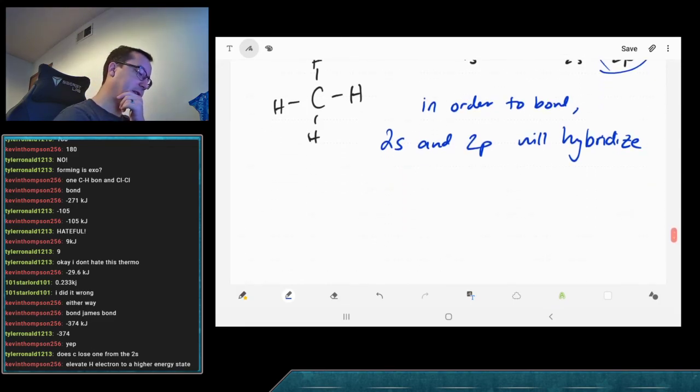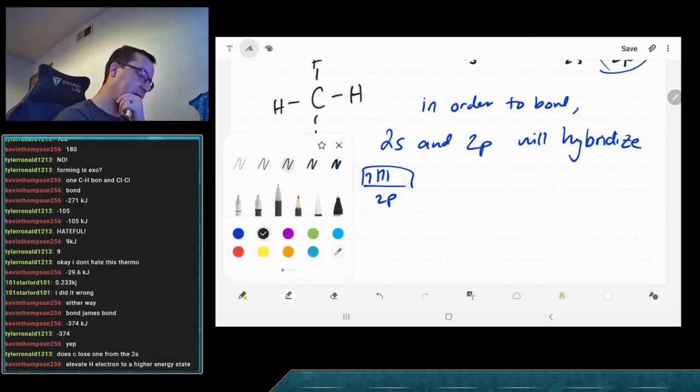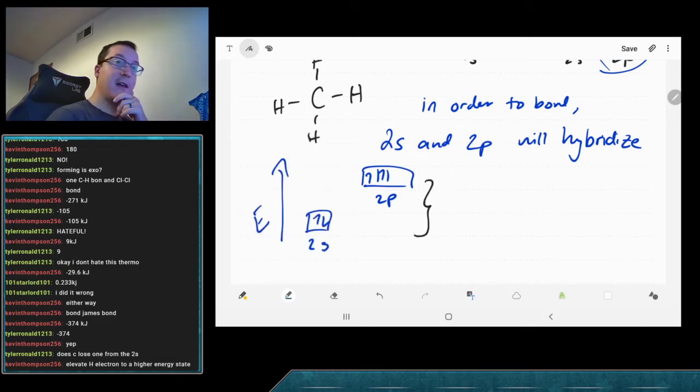So we know that 2s is lower energy than 2p, right? What's going to happen when they hybridize is we're going to end up making a new orbital that has all 4 orbitals put together of a medium energy.